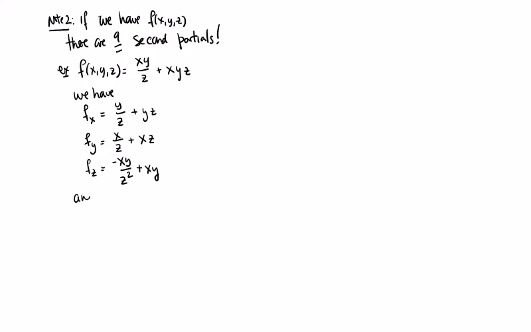And then you can go even further, right? You could do, for example, f sub xx, which you take this guy and you do x again, which is 0. Or you could take f sub xy. You take, again, that first one again, and you do y. So you get 1 over z plus z. Or you could do, for example, just to make this up, f sub zx, which means you go to f sub z and you take the derivative with respect to x.